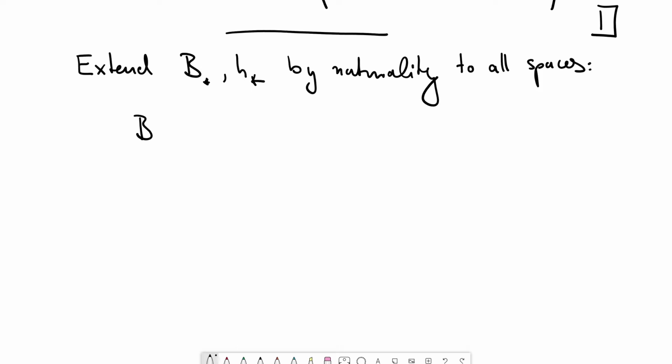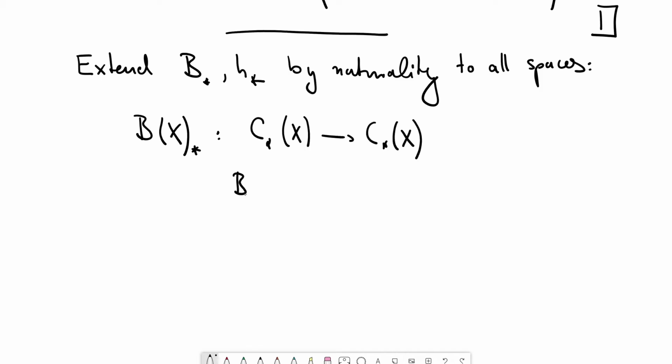I'm tempted to write B star for whatever space I look at, but maybe it's clearer, since we define it now, to call it B_X. So that's the barycentric subdivision operator I want to define for a given topological space X. It will go from C star X to C star X. And I only have to tell you what I do on a singular P-simplex in X. So what can I do?